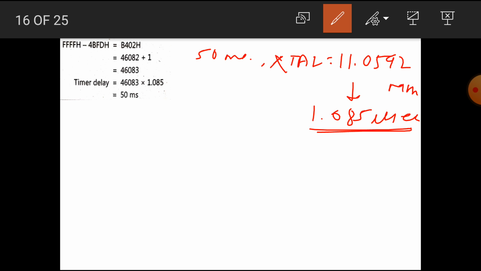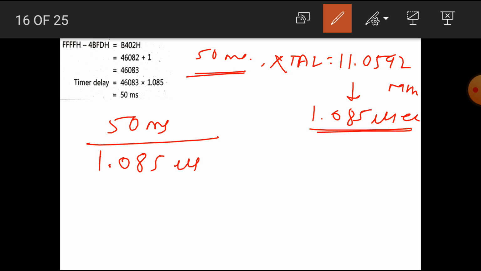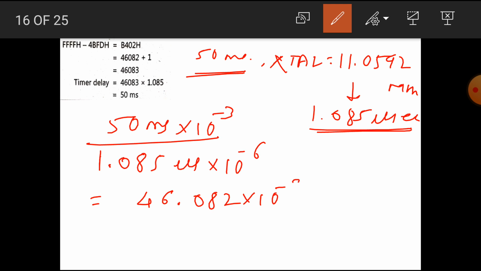Hence, now here we have the delay 50 millisecond. That means 50 millisecond should be divided by the oscillator clock period 1.085 microsecond. Millisecond means 10 raised to minus 3 and microsecond means 10 raised to minus 6. This calculation gives us the value 46.082 into 10 raised to 3, and plus 1, it gives us 46,082 plus 1.